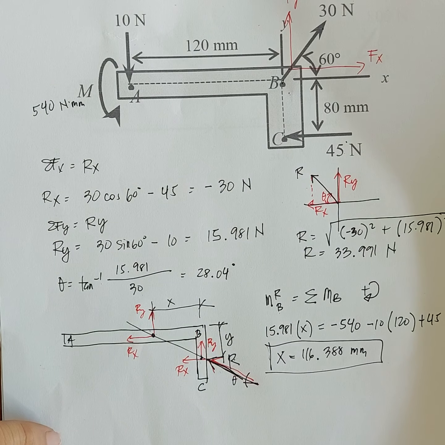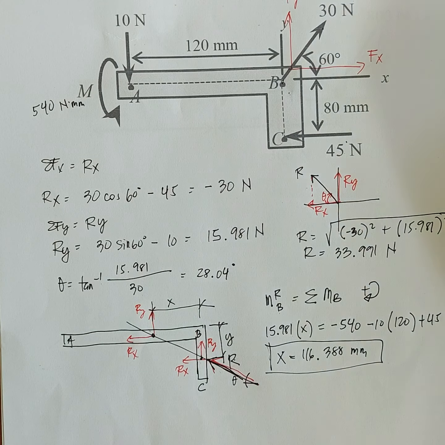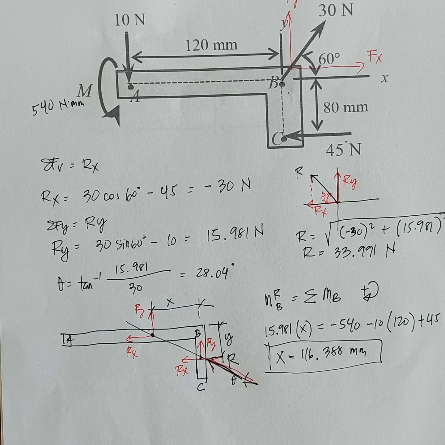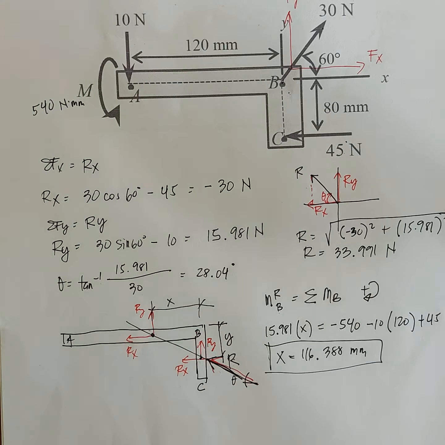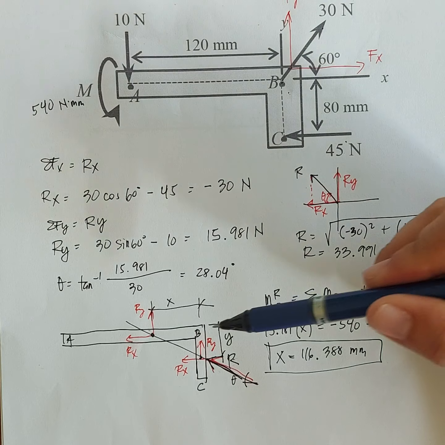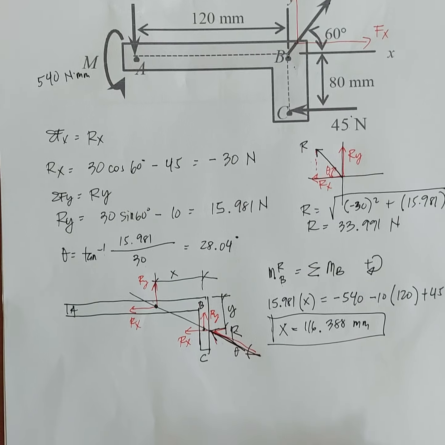Okay. Ayan. So we're going to do the same thing dun sa pag-solve ng Y. So sa pag-solve ng Y distance, or that is the distance location of point of intersection between the line of action of the resultant force and line BC. Okay? So we summate moments, same principle.